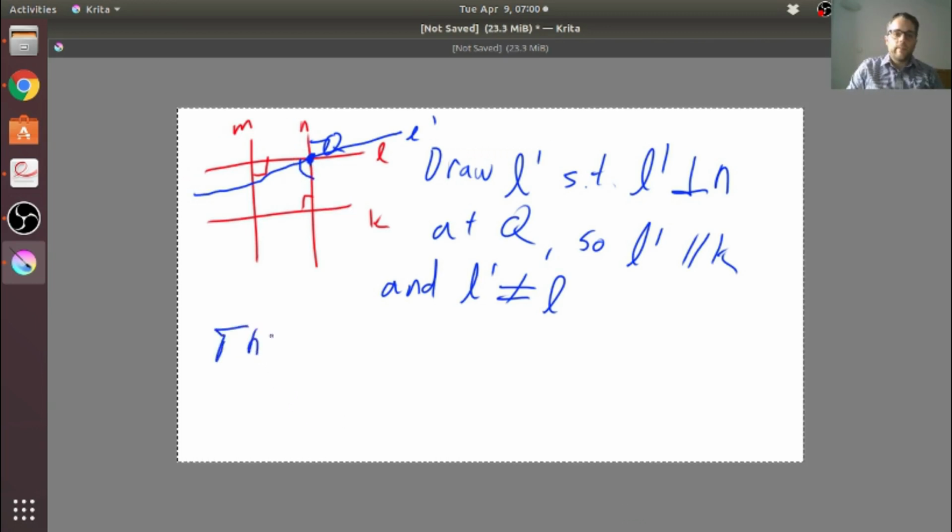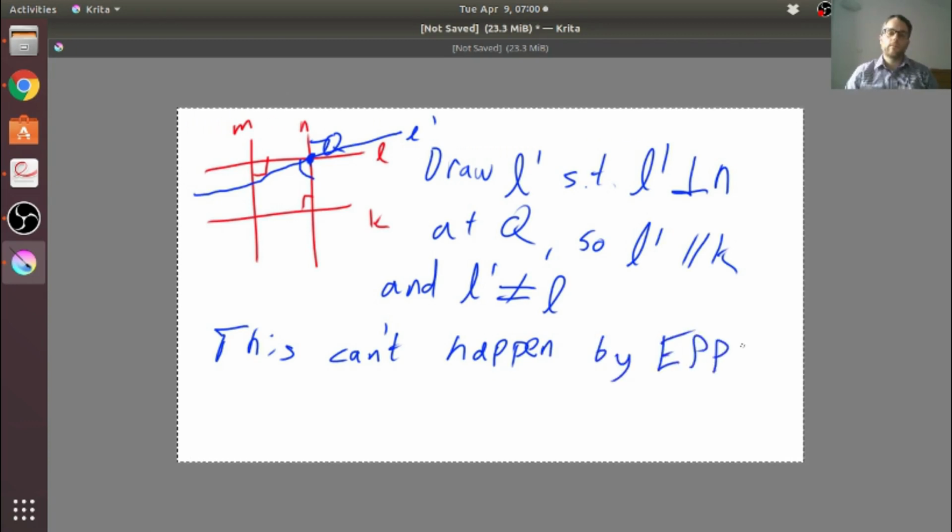This can't happen, because we assume the Euclidean parallel postulate is true. I assume the Euclidean parallel postulate is true, so I can't come up with this perpendicular line L prime. That perpendicular line doesn't exist, right?